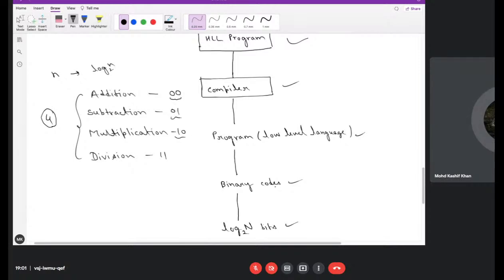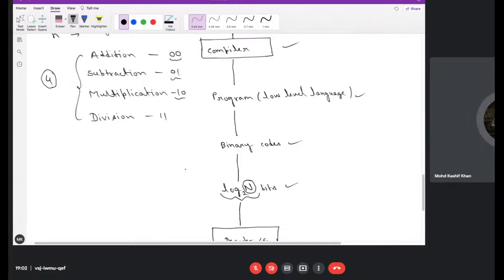So that's what I have mentioned here. Suppose you have total n instructions, to represent one instruction, you just require log n base 2 bits. For example, here you have four instructions, and for each instruction you require log 4 base 2 equals 2 bits to represent any instruction. Now whether it's clear, David?